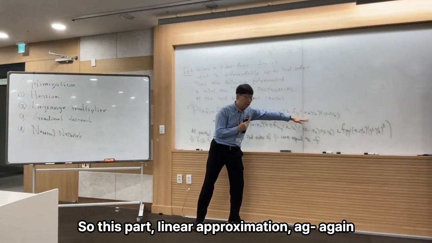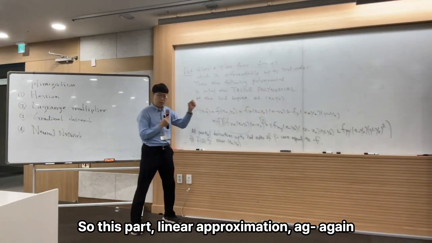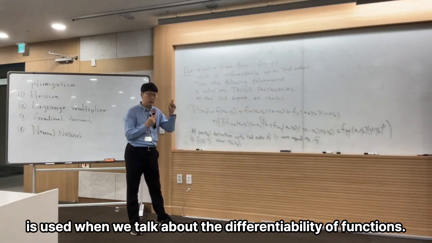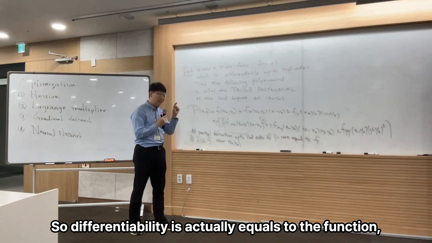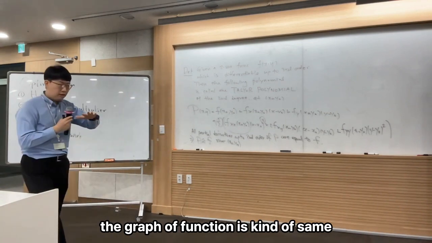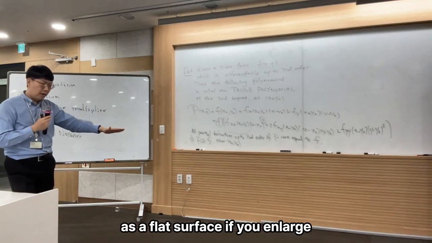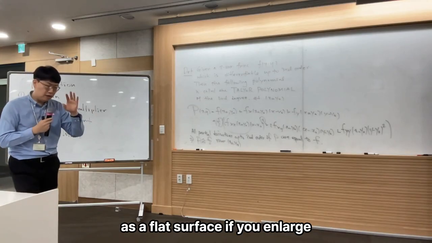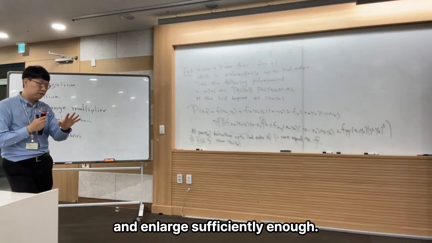So this part, linear approximation, again, is used when we talk about the differentiability of a function. Differentiability means that the graph of the function is kind of the same as a flat surface if you enlarge sufficiently.